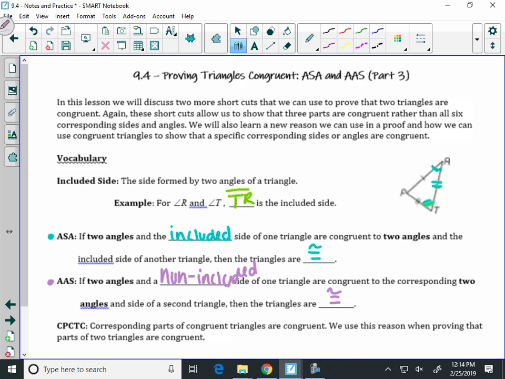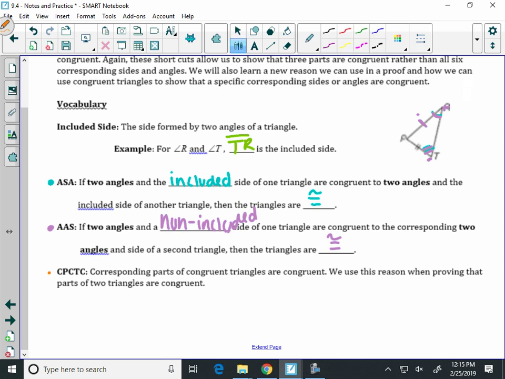We'll pretend this side is not marked. You go from an angle to another angle to a side. Angle, angle, side. So two new shortcuts: angle, side, angle, and angle, angle, side.